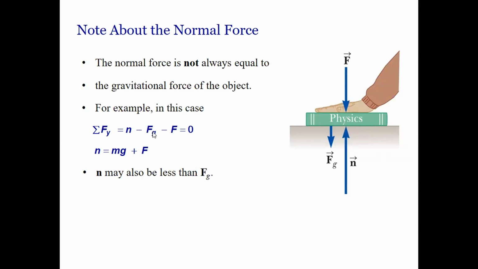This is Fg. So in this case, all the Y components of the forces are such that N is the normal force minus Fg, you can see it is downward, and the force which is being applied by the hand is also minus F. So the normal force is equal to mg plus F, and therefore this shows that the normal force is not necessarily always equal to the force of gravity, because there is an applied force.